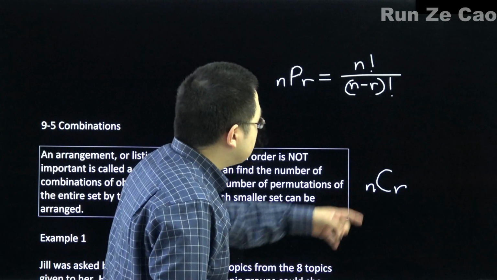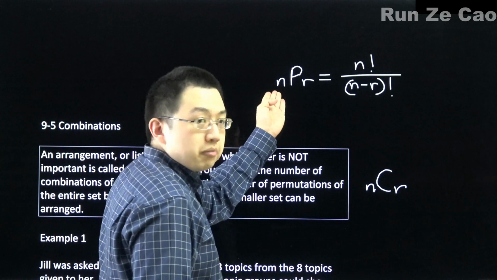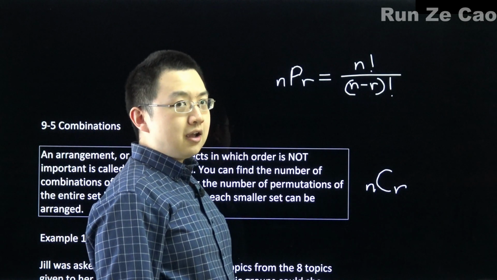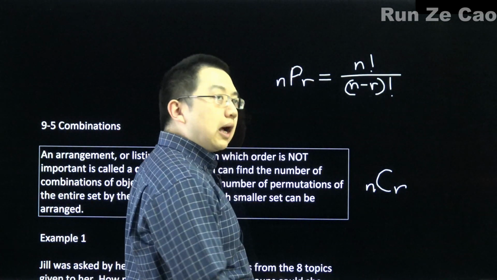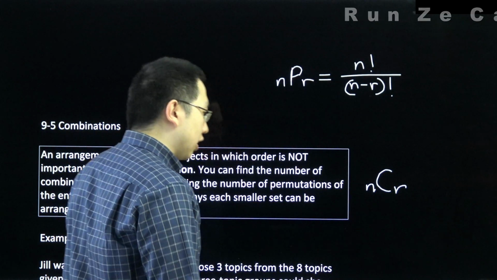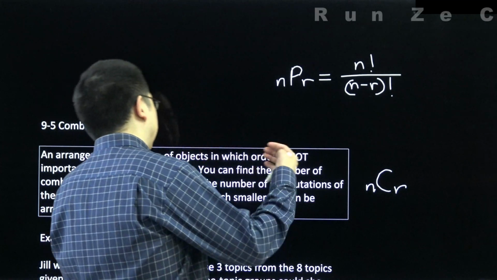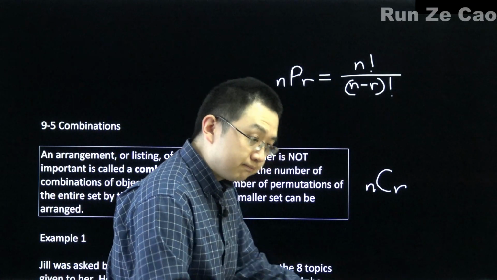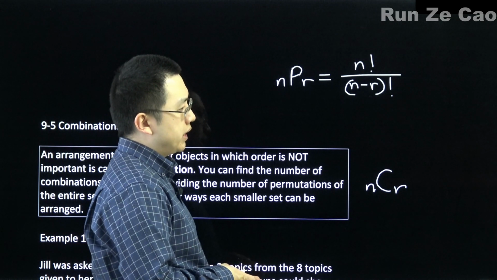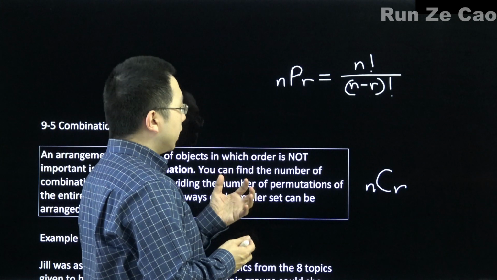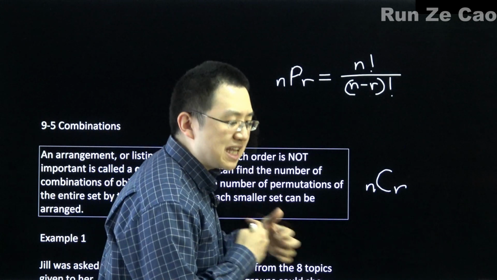Well, what's n choose r then? We know that we're dividing the number of permutations by the number of ways the internal arrangements of the set can go. Let's say we don't actually care which one got picked first out of these 9 things, and which one got picked second, and which one got picked third. Out of those 3 things, how many orders could they have been picked in?